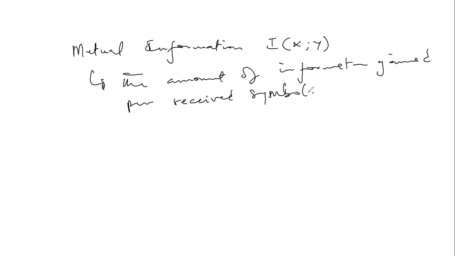So in other words, it is the measure of the amount of information that can be obtained about one random variable, say X, by observing another random variable Y.